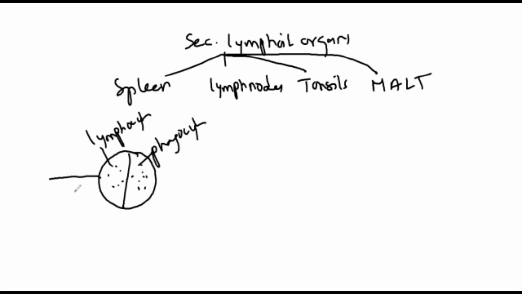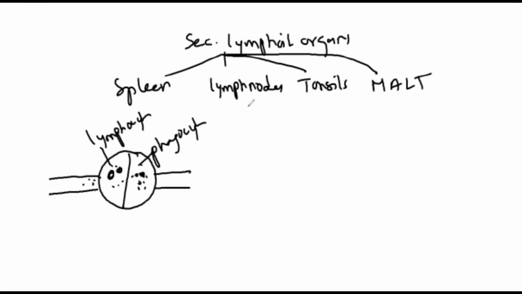Generally, the blood passing through the spleen consists of antigens, and they can be trapped by lymphocytes. If this blood has old or damaged RBC, they can be destroyed by phagocytes, nothing but macrophages.